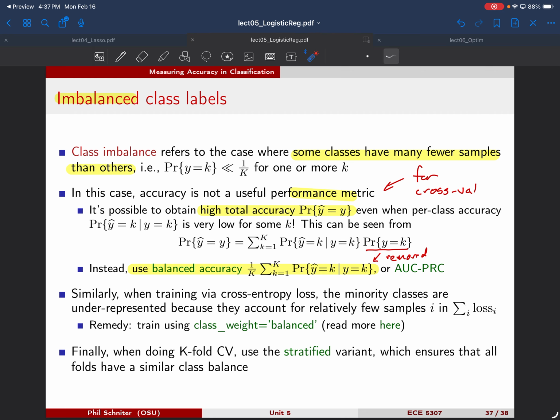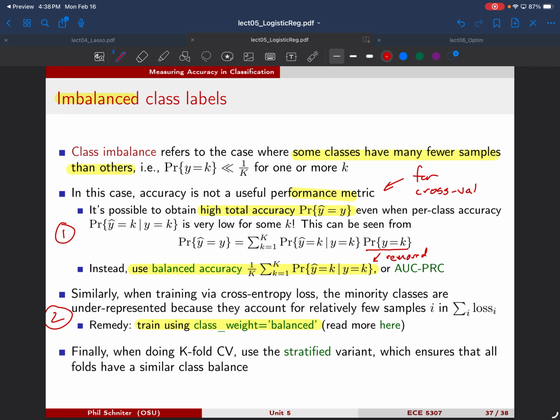So what you can do during training is use class weight equals balanced as one of the parameters in, for example, logistic regression. It will weight the terms in here in a different way, kind of inverse weighting them according to their prevalence. Okay, so that's the second thing you can do. Any questions on that?